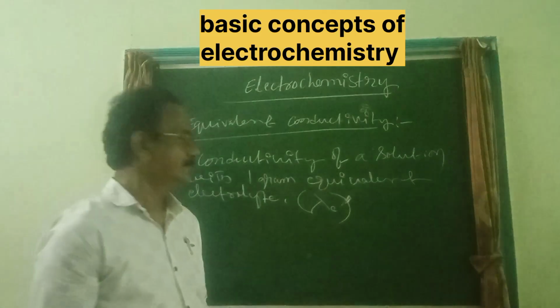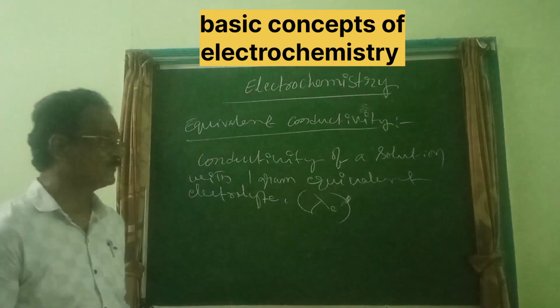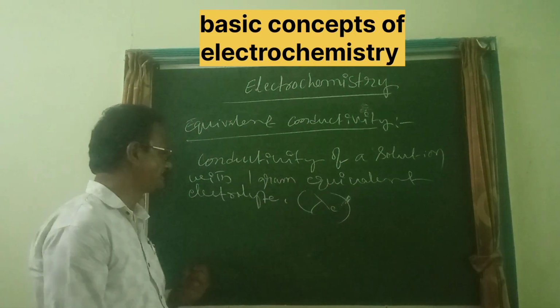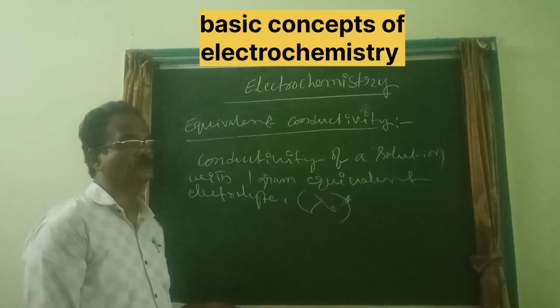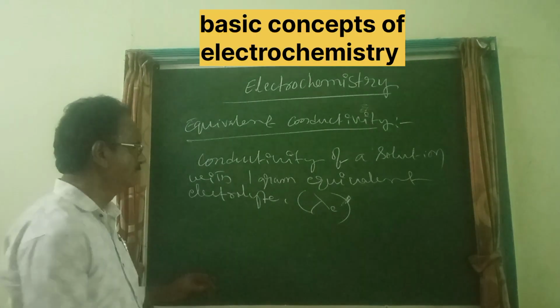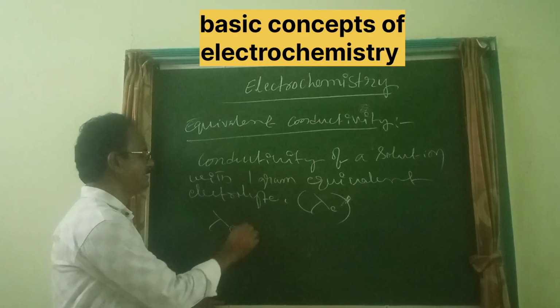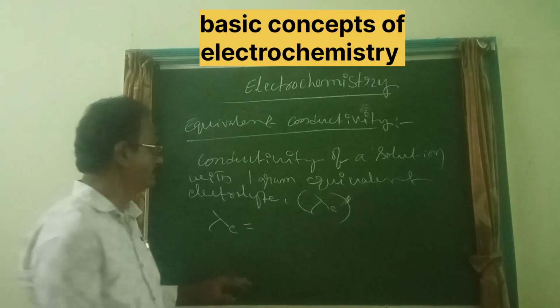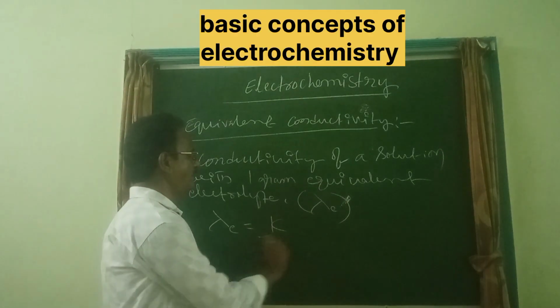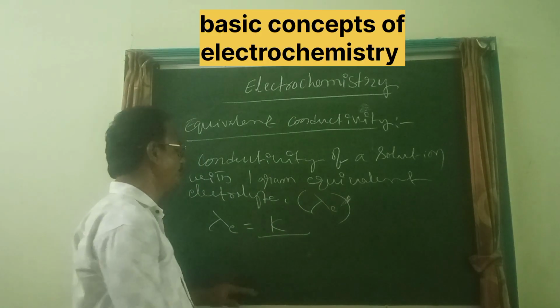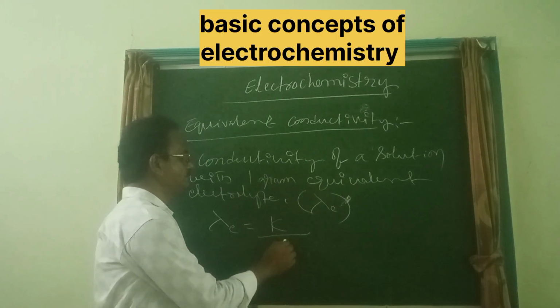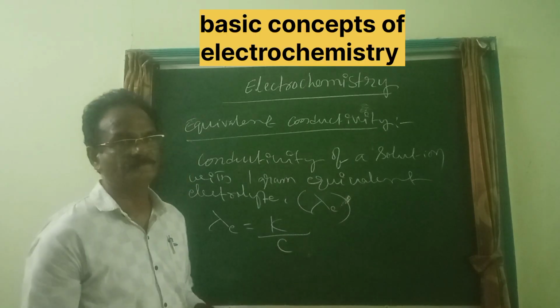We know that conductivity is equal to specific conductance. So now we can represent lambda E is equal to specific conductance or conductivity kappa divided by concentration.